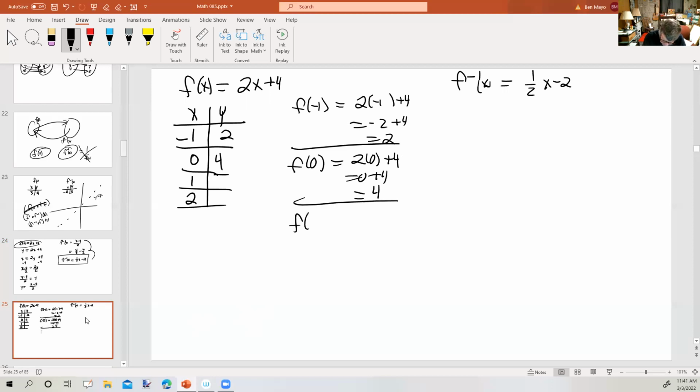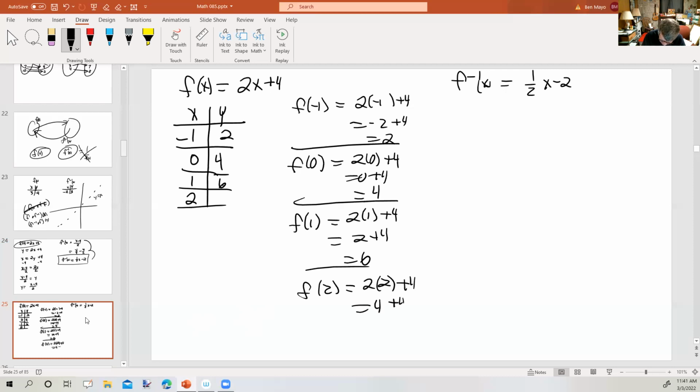If x is 1, f of 1 equals 2 times 1 plus 4, which is 2 plus 4, which is 6. And if x is 2, f of 2 equals 2 times 2 plus 4, which is 4 plus 4, which is 8. All right, any questions about that?